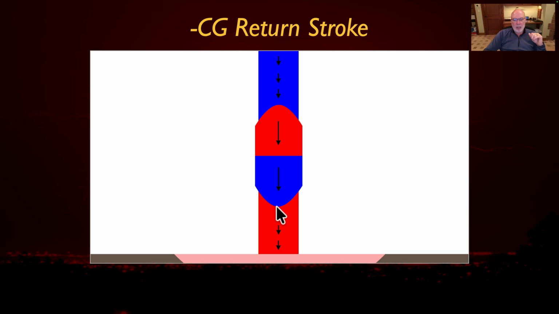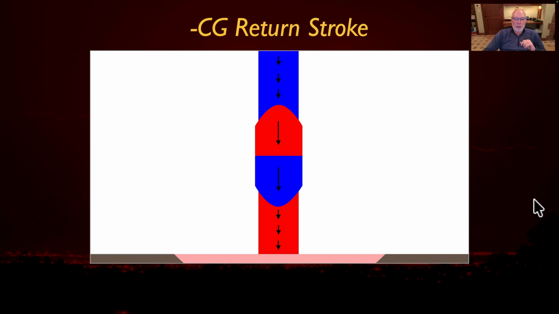And then when that zone of acceleration again touches the ground, you'll get an even further increase in the acceleration because now you're connected to the ground. Essentially, it's a conductor, and the resistance has dropped even further because you're touching the ground, and you get a much higher intensification of the acceleration, thermalization, brightness, and that's the return stroke.